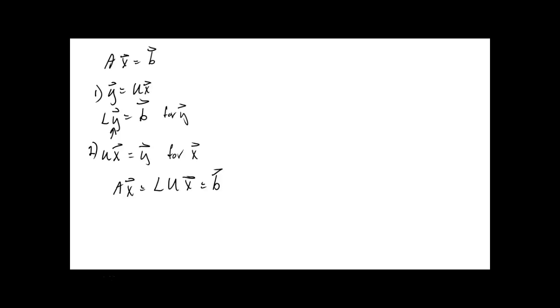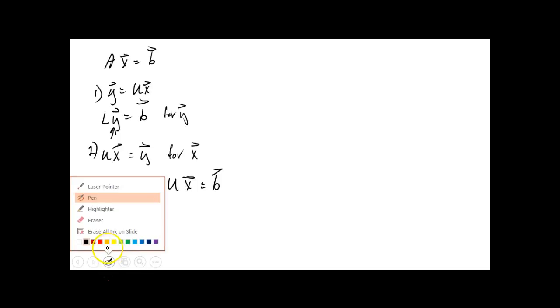And rather than running into problems like we did before, we will erase all this and start over. So here's our linear system. x1 minus 3x2 is equal to negative 5. x2 plus 3x3 is equal to negative 1.